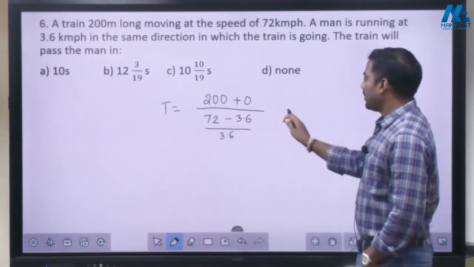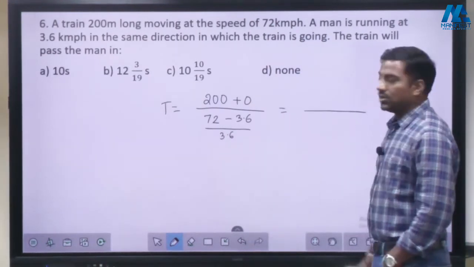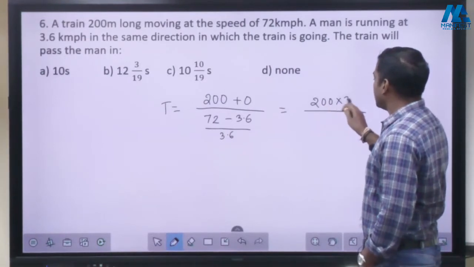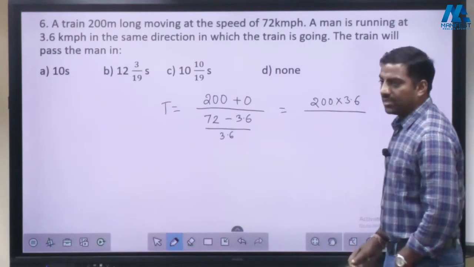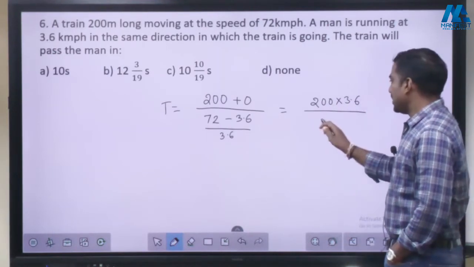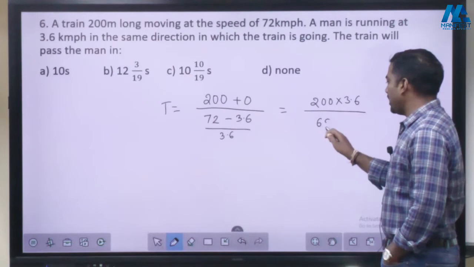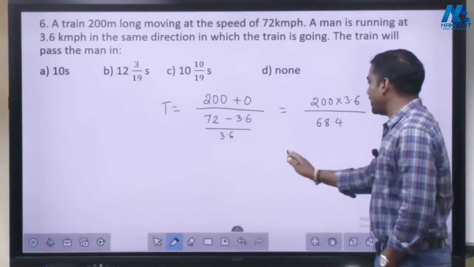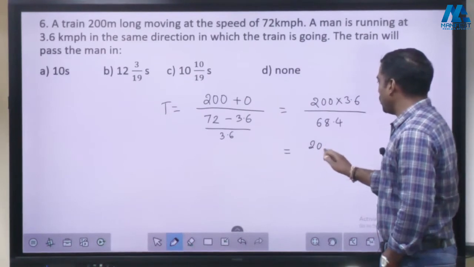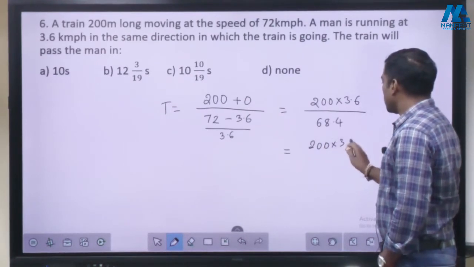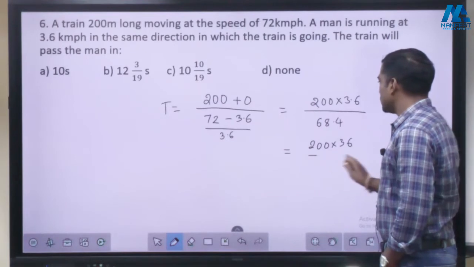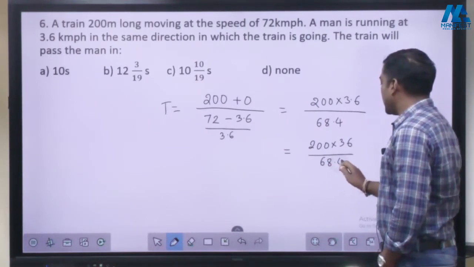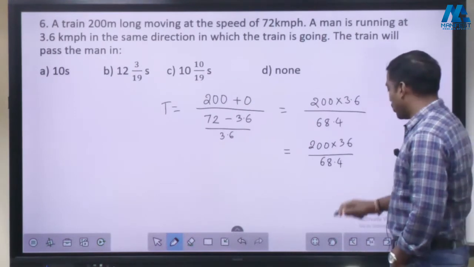So now, how it appears? 200 into 3.6 divided by 72 minus 3.6. This is 68.4. Get rid of these points. 200 into 36 divided by 684. Sorry.